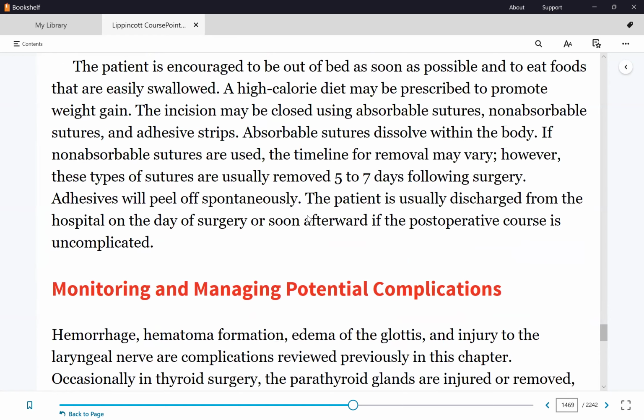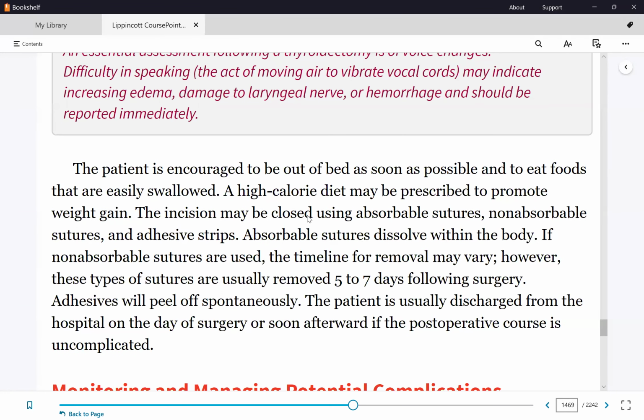One consequence of removing the thyroid gland: what is attached to the thyroid gland? There are 4 parathyroid glands attached in the back. So if you remove part or all of the thyroid gland, are you removing part or all of the parathyroid glands?